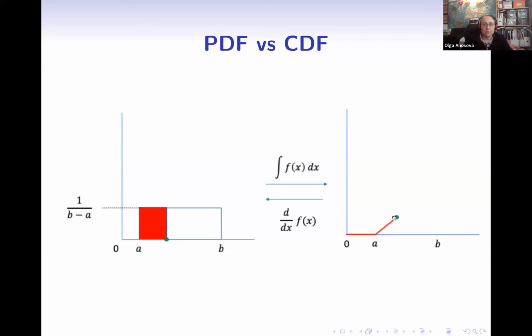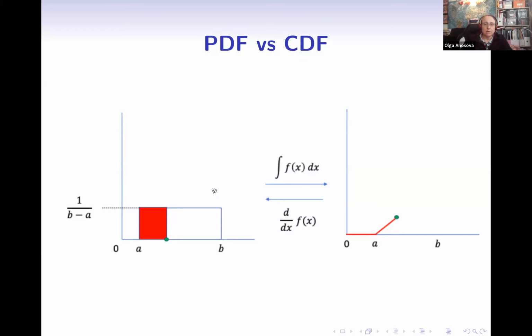Our cumulative function starts growing, which means that its derivative will start growing as well, and it will form the area under the distribution, under the density function.